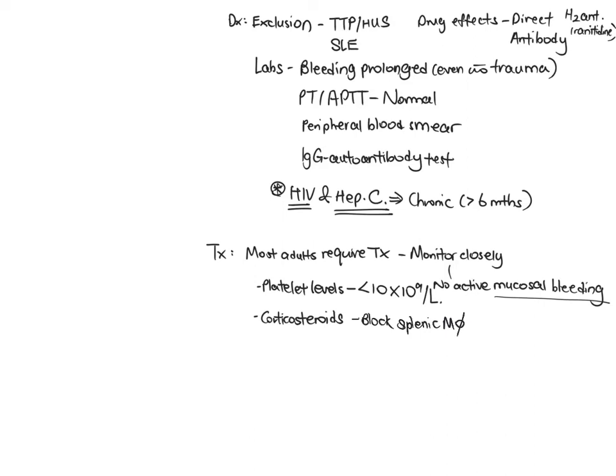So corticosteroids is one therapy, and patients tend to respond within 2 to 3 days. And patients can also be given IVIG, so intravenous immunoglobulin. And basically what this does is block the receptors of the macrophages in the spleen, and so decreases destruction of the platelets.